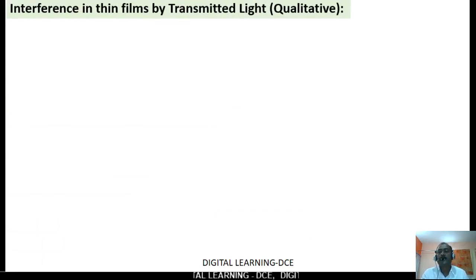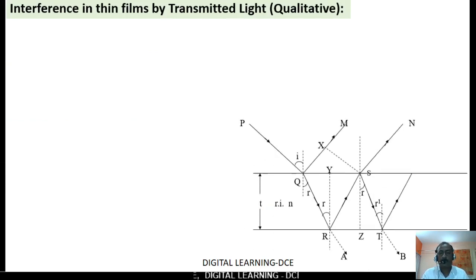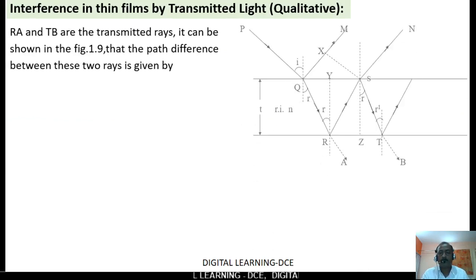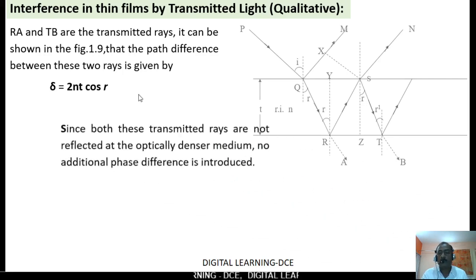Now, the interference in thin films by transmitted light. We can refer to the same diagram here. We know that RA and TB are the transmitted rays. It can be shown in this diagram that the path difference between these two rays is given by delta equals 2nt cos r.